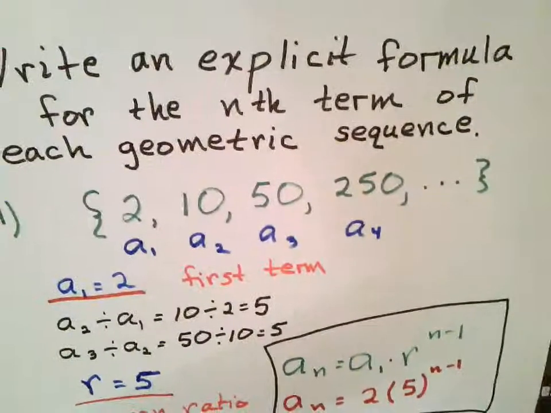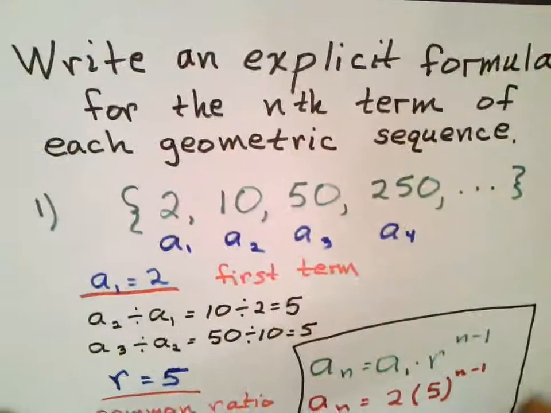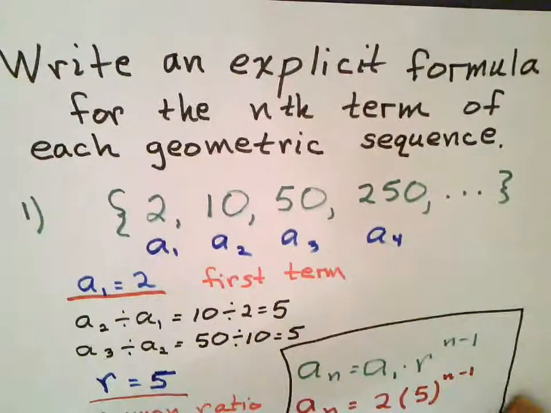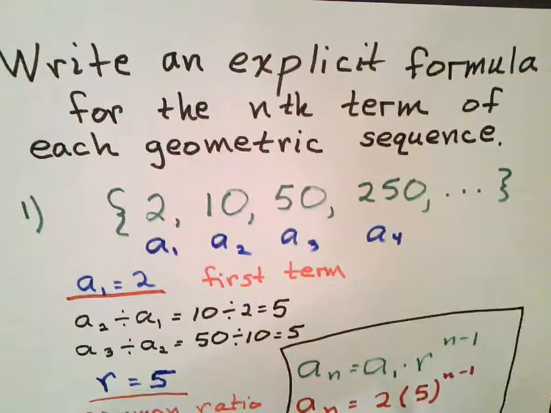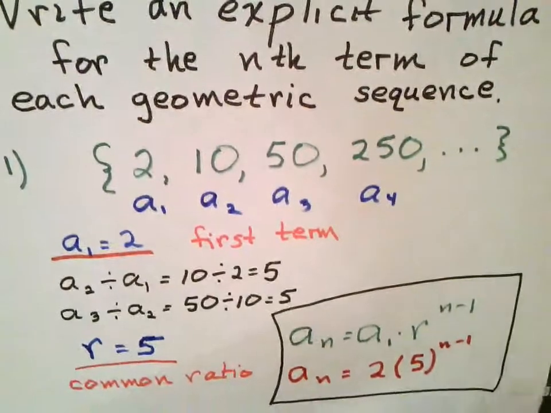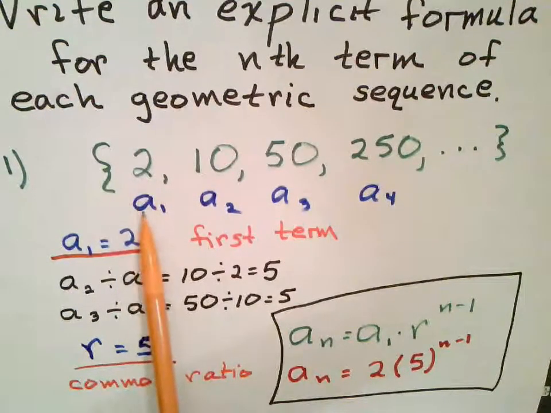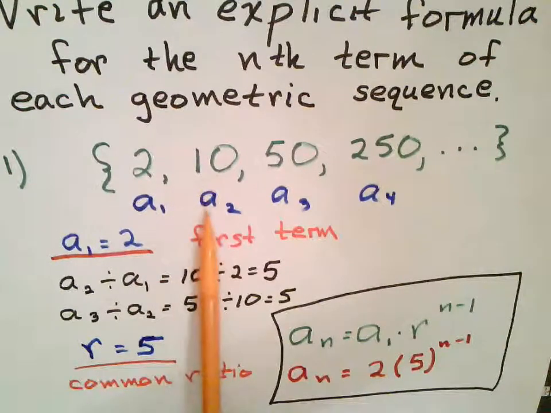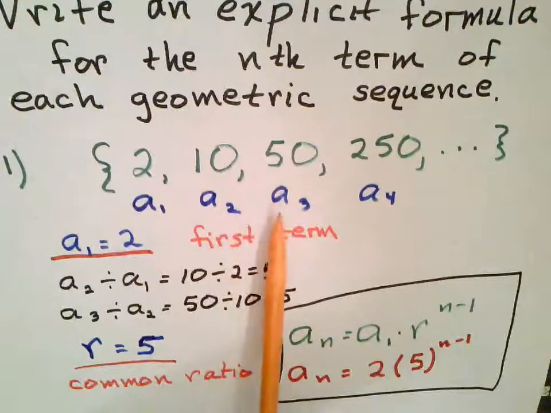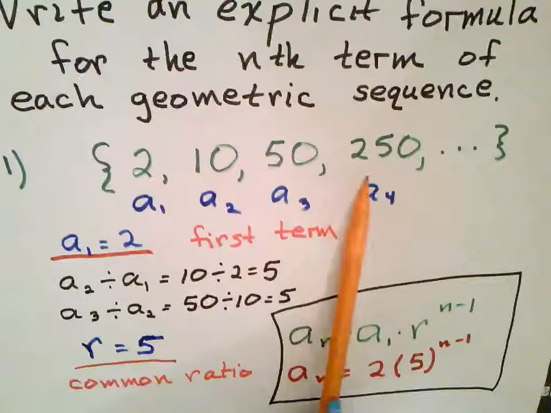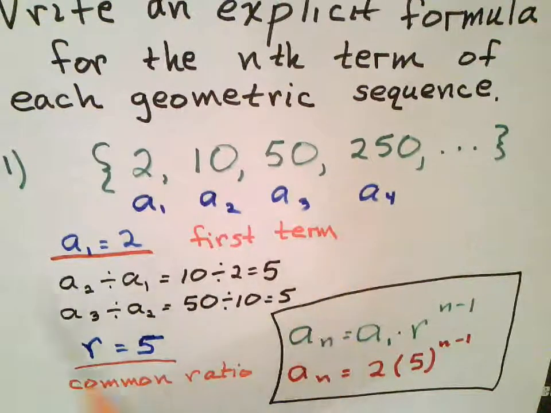Let's look at an example where we're going to write an explicit formula for the nth term of each geometric sequence. We are going to start with this geometric sequence: 2, which is the a sub 1 term, 10 is the a sub 2 term, 50 is the a sub 3 term, 250 is the a sub 4 term.